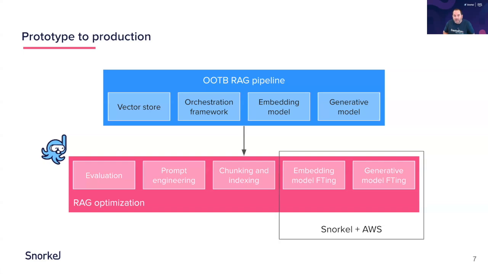But the real focus for today, which will be joined with AWS at the hip on this one, is how do we go about fine-tuning the embedding model to get better retrieval? And how do we go about fine-tuning our generative model or our foundation model for better generation, right? Better responses. So that's the area that we're going to focus on for the next hour.